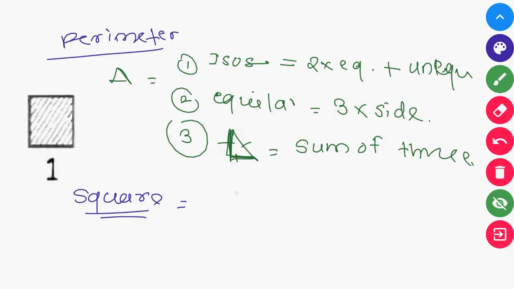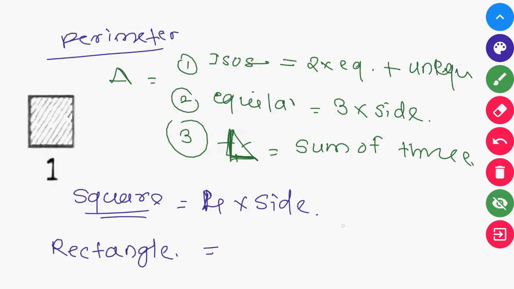So the perimeter of the square is 4 multiplied by the length of that side. Simple. Okay. For rectangle, we know opposite sides are of equal length. Okay, so the longer side is called length and the smaller side is called breadth or width.